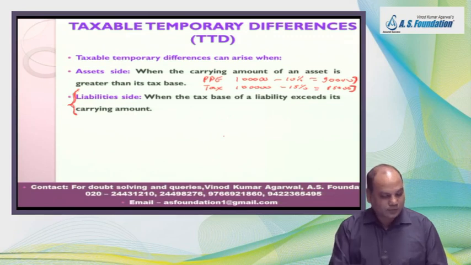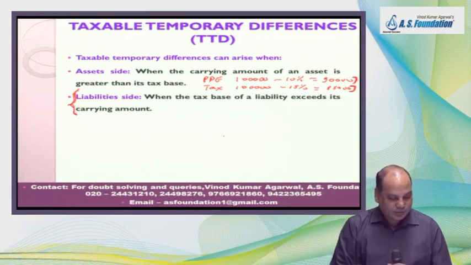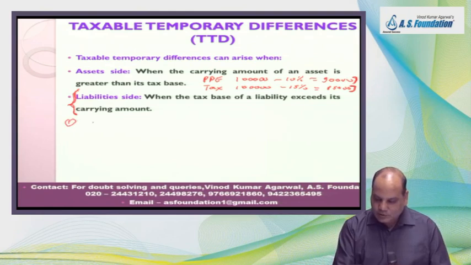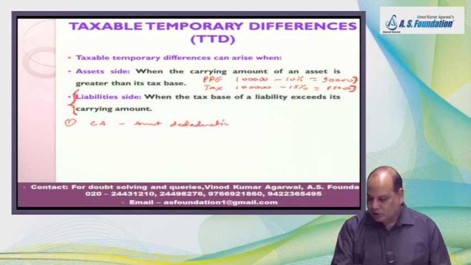I have two formulas for tax base of a liability. First formula was carrying amount minus amount deductible in future, if it is an expense related item.